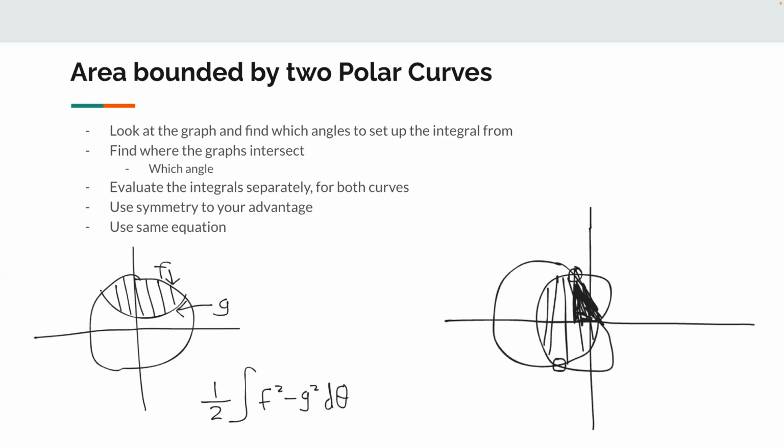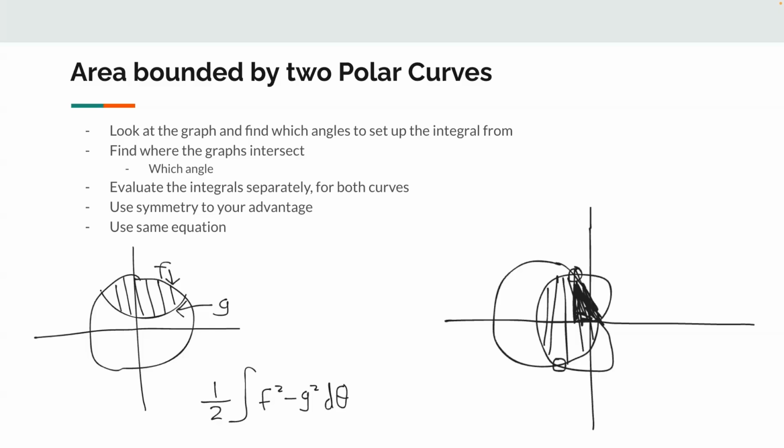None of that area is coming from the limacon curve. And then the second half of the area is purely from the limacon curve. So we'll take the two integrals separately, one from the first two angles and the circle, and the second one from the second angle and the horizontal line from the limacon curve. We'll sum up both the integrals and then multiply by 2 to get the total.